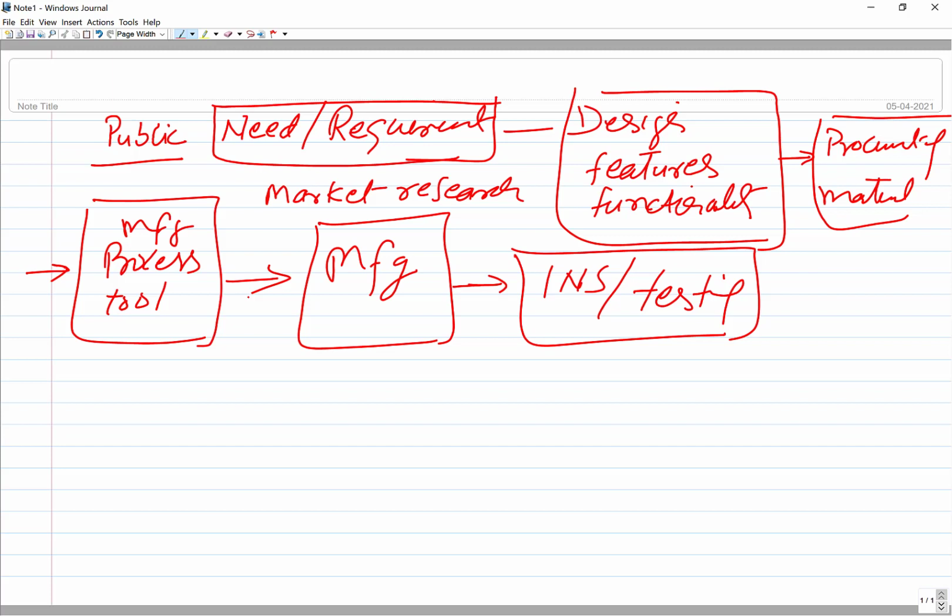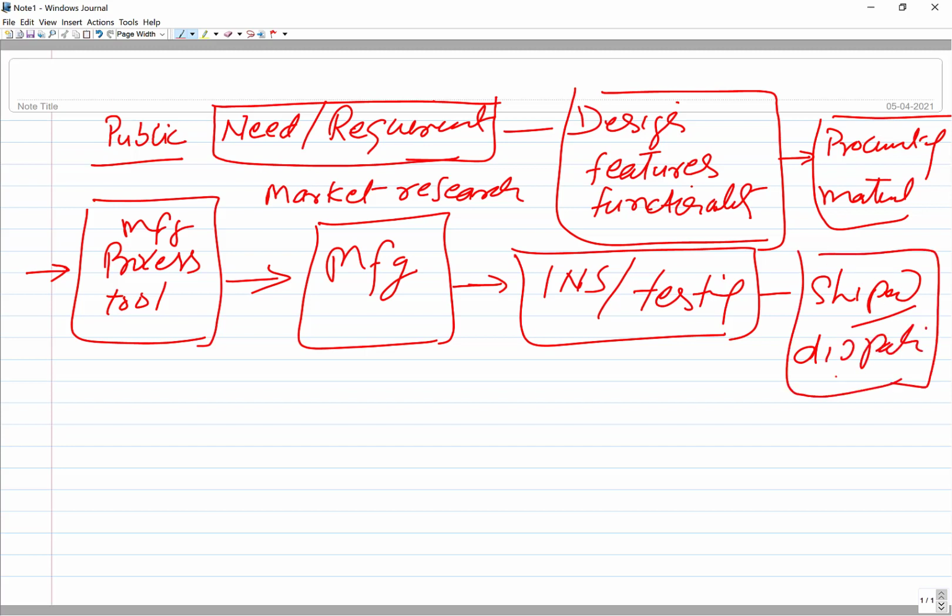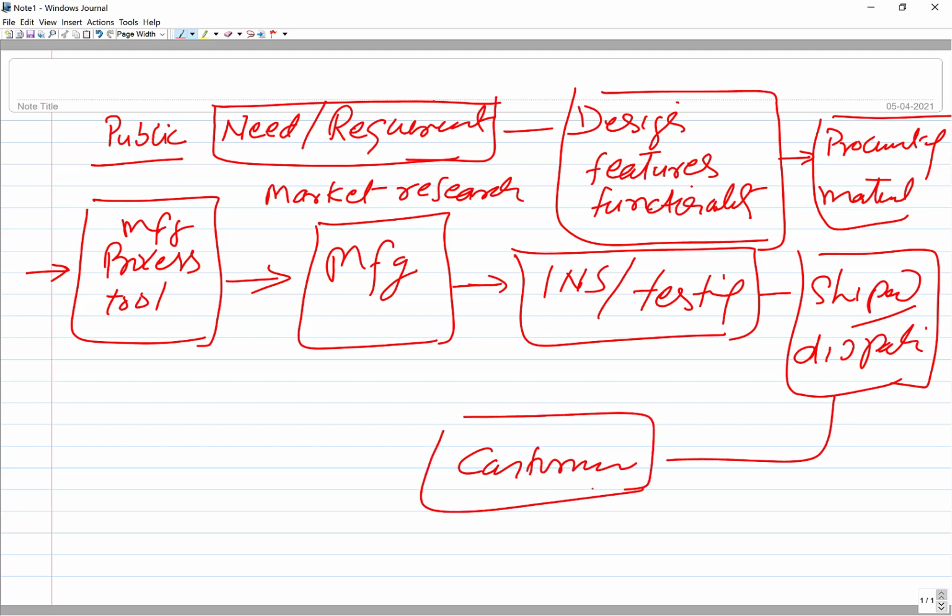Once the product is tested, the product is shipped or dispatched to dealers or the market. Here the customer will be using the product after obtaining it from the market.